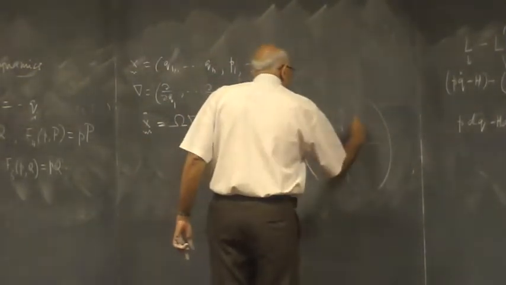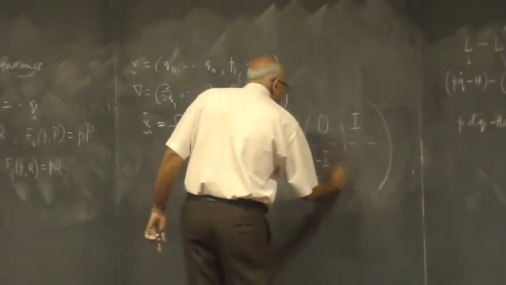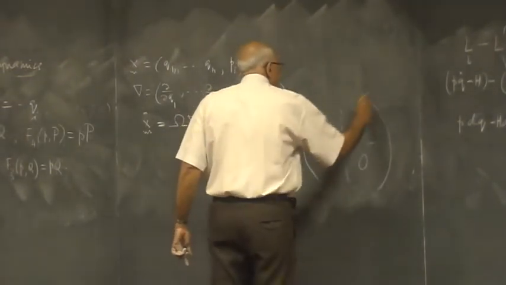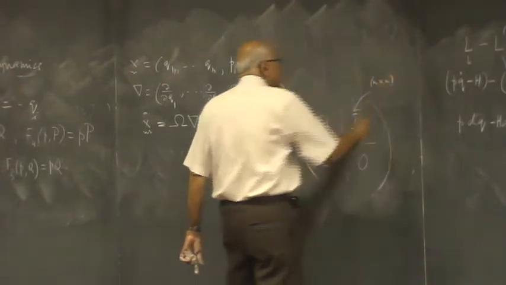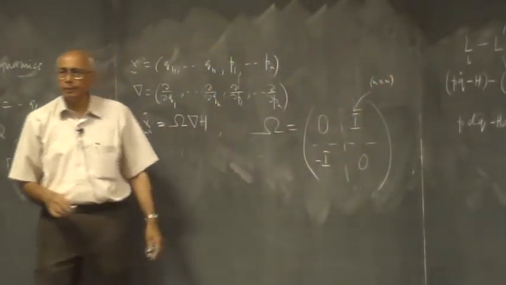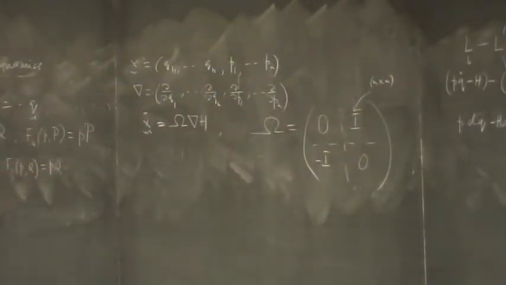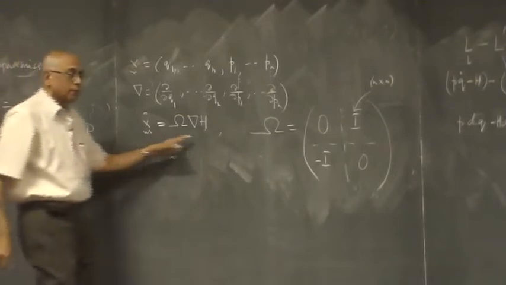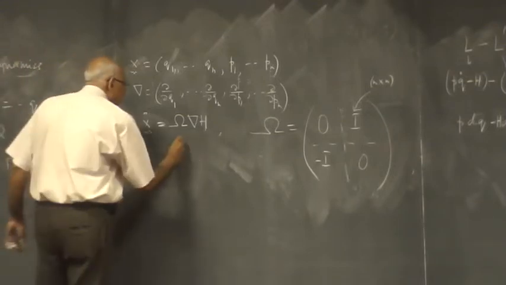There's a 0 here, there's an I here, a minus I here, and a 0. And this I stands for an n by n unit matrix. Then it's very easy to see that Hamilton's equations are precisely this thing. And this is called the symplectic gradient.